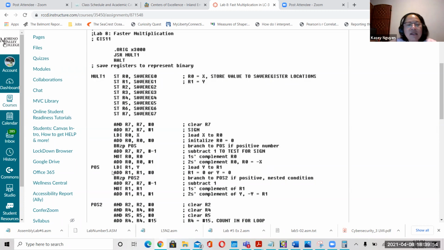Then in pos, we're going to load Y, and Y is our multiplicand, the top row. And Y is used as a parameter. It's Y inside the XY function, the mult function. So here is why we need to load it here, instead of in the last program, where you load it at the beginning. So now we are going to clear register 1, or initialize it to 0, which is Y equal to 0.